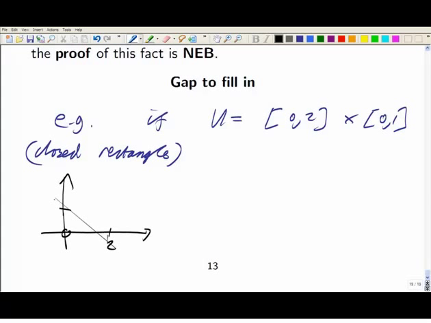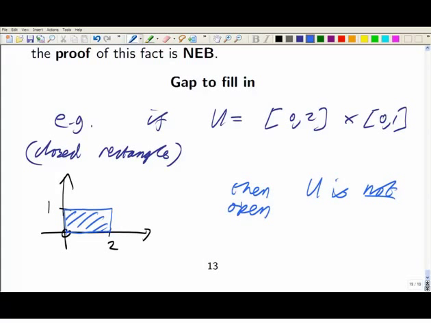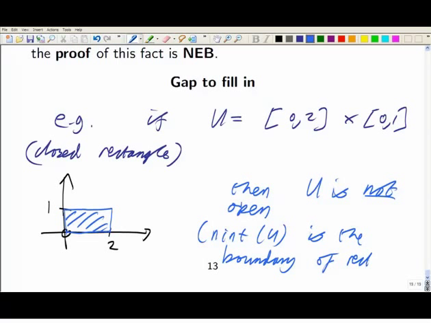For example, if U equals 0, 2 cross 0, 1, the closed rectangle, then you get this picture here, including the boundary.